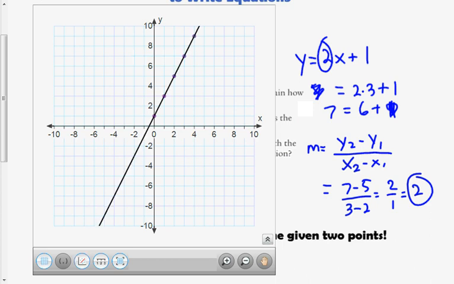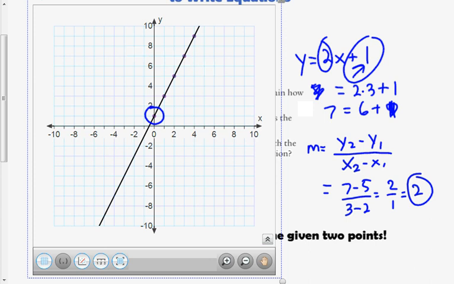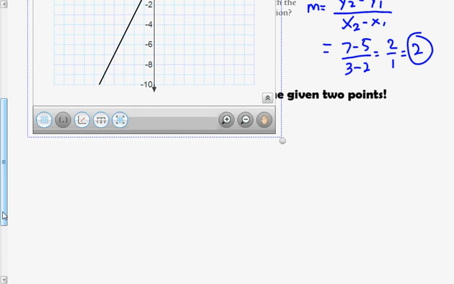And if I connect those with a line, it looks like that. And notice that the place where I cross the y-axis is the same as that value right there. The constant term in the equation is the same as the place where we cross the y-axis. All right?